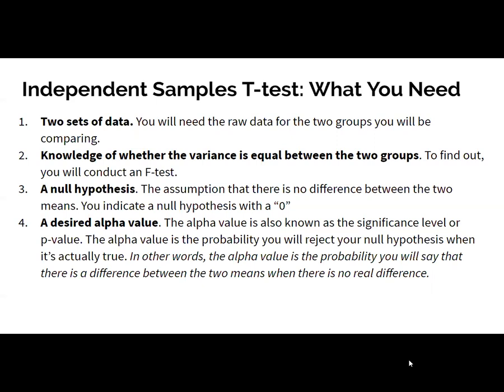So we'll decide as a group, okay, we want a 5% margin of error. We want to make sure that we're at least 95% confident that we won't make a mistake. We want to minimize our chance of mistake to 5% or less.